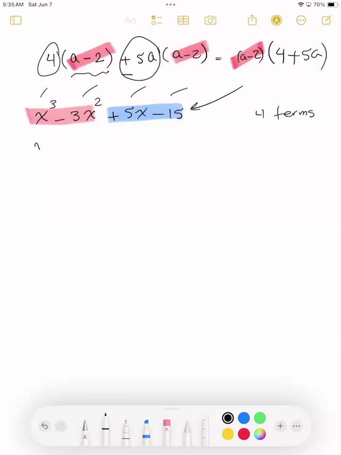So x to the power 2, x with the smallest exponent, is the common factor. If I take 2 x's out of this one, I'm left with 1x. If I take these 2 x's out, I'm left with negative 3. So that's how I factored these guys.